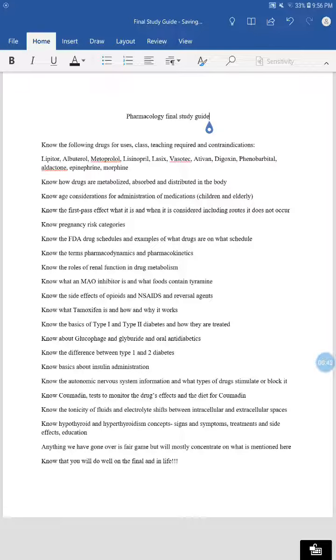Know how drugs are metabolized, absorbed, and distributed in the body. So if you remember back in the first and second week, pharmacokinetics and pharmacodynamics as well. Definitely know age considerations for administration of medications, such as children and the elderly.